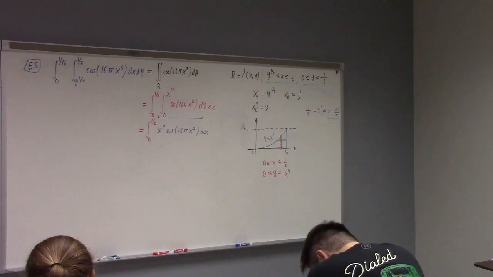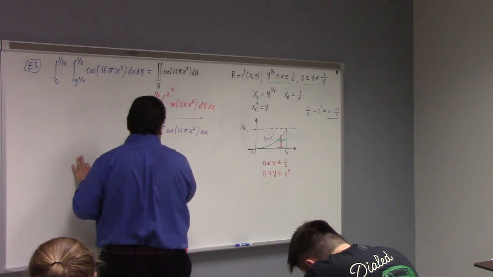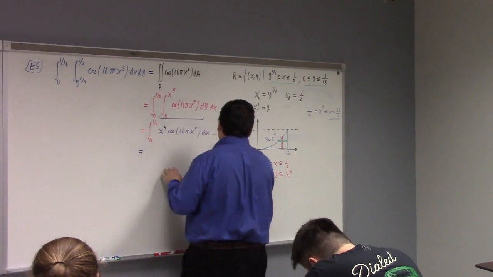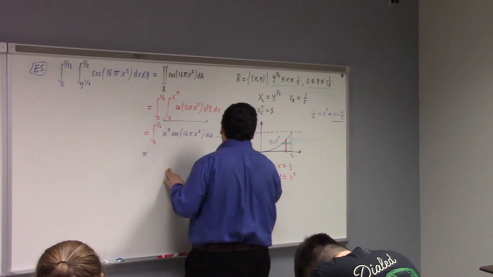And then we make a u substitution. So let's see here, think about u is 16 pi x to the 5th.